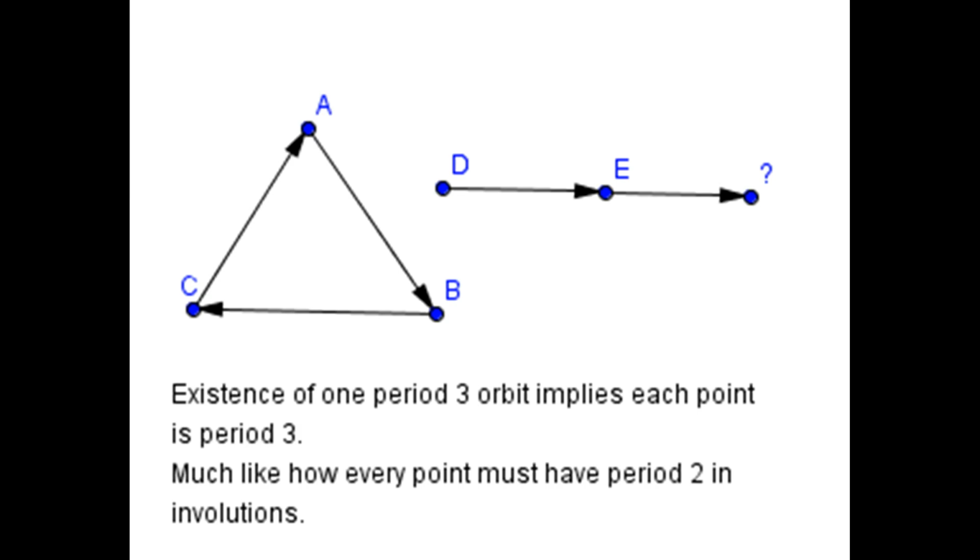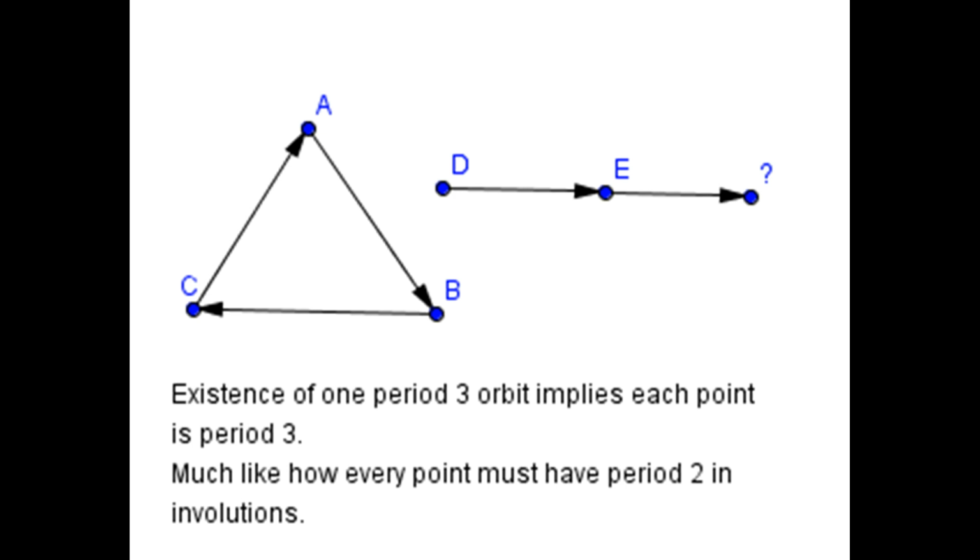So we know that f itself cannot contain any period 2 orbits, since if it did, those orbits would go from D to E and back to D again, and so those would not be invariant points in FFF.